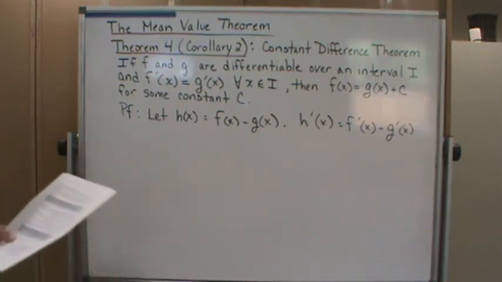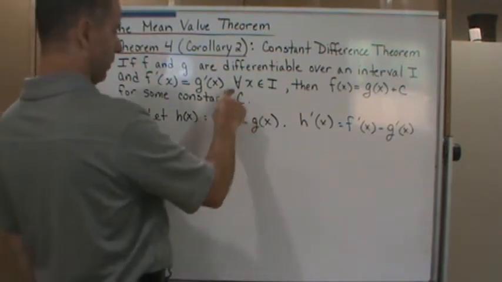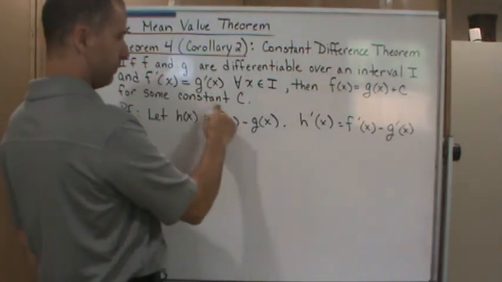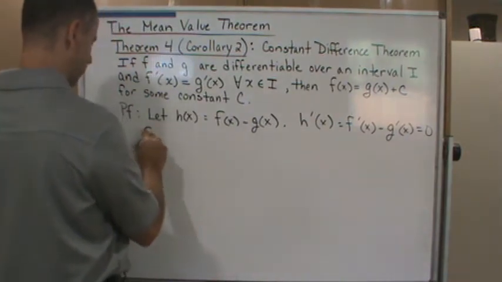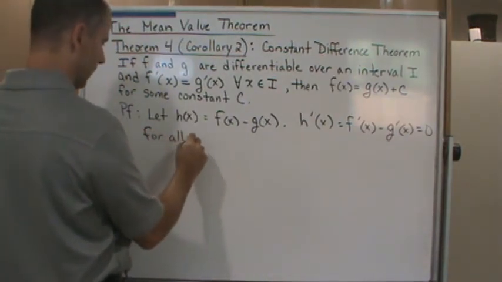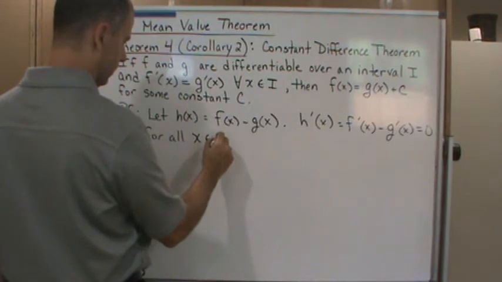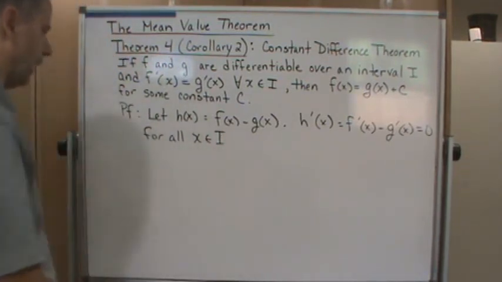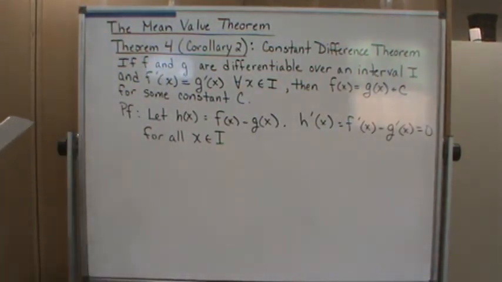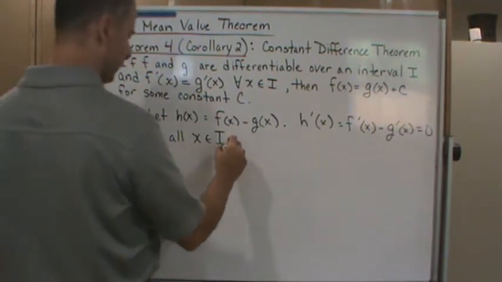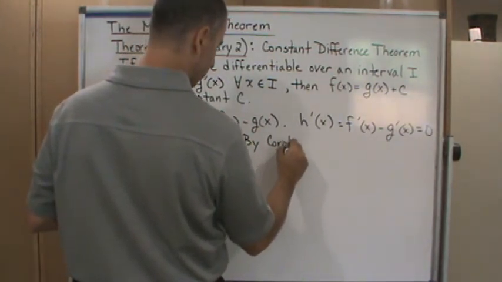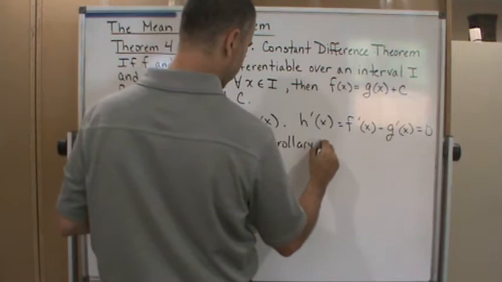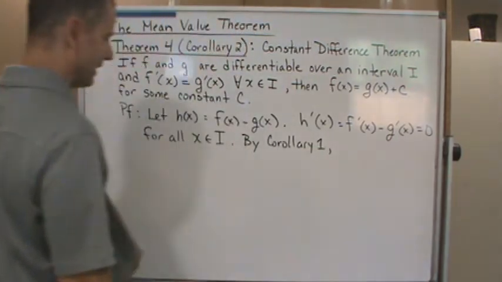And since f prime of x is equal to g prime of x, this is equal to 0 for all x in the interval I. Now, by corollary 1 that we just went over in the last video, what does it say?